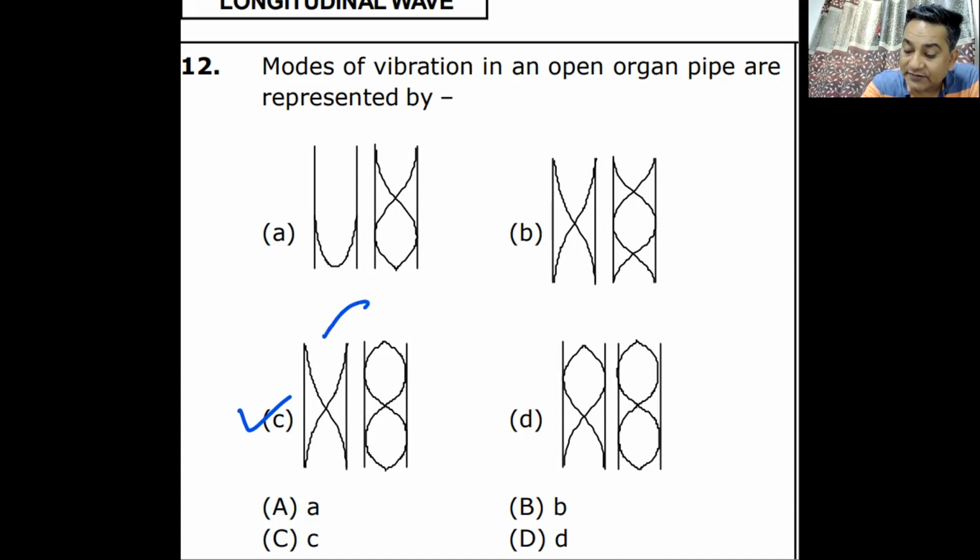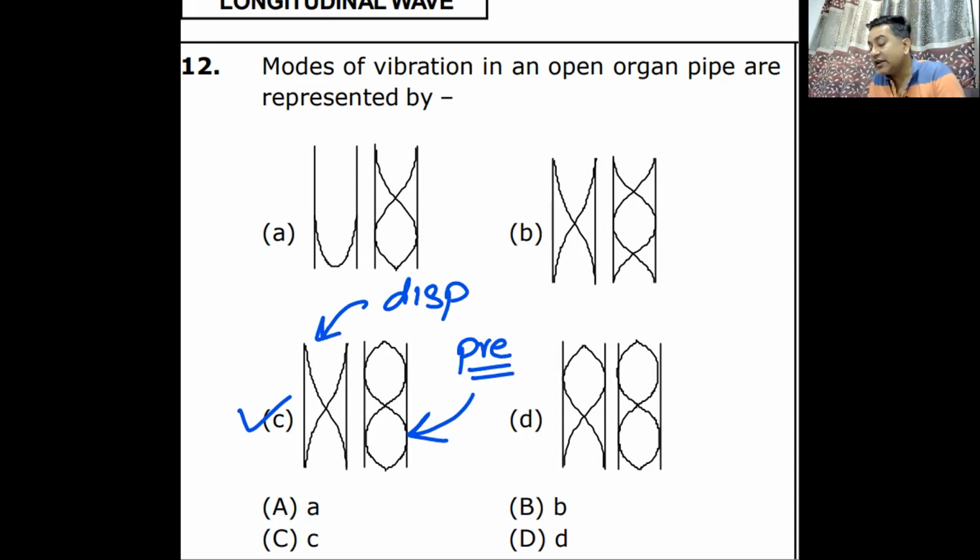Now remember, this is the diagram for displacement, and this is the diagram for pressure. If you draw the diagram for pressure, it is the opposite of the diagram of displacement. In displacement, we have antinodes at the open end, but in pressure, we have nodes at the open end.